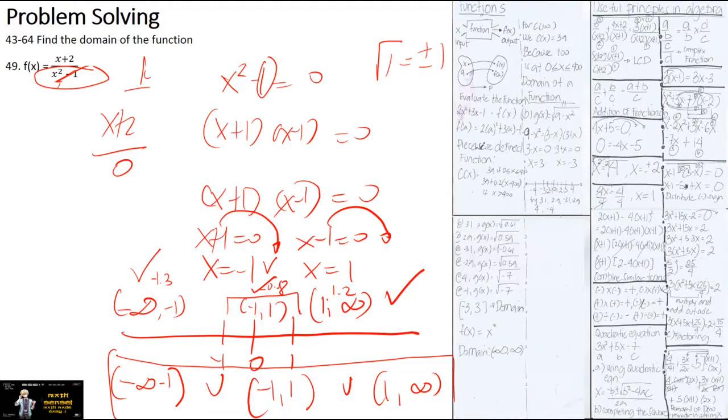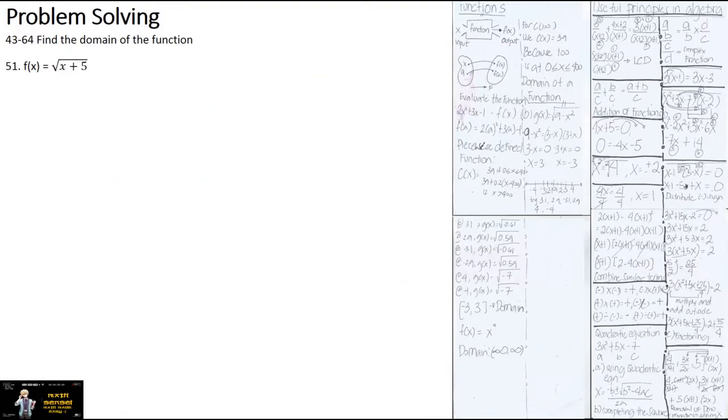Yan. So ito naman, 51. Okay, so x plus 5 equals 0. Equal to 0. Transpose x is equals to negative 5. Number line, that's 0. That's negative 5. So, ganun ulit. Same na process.